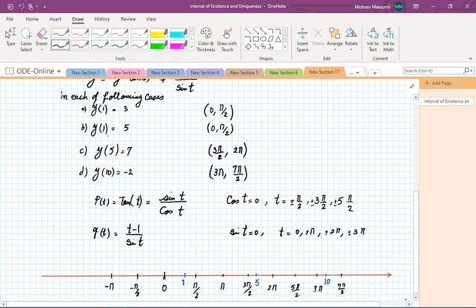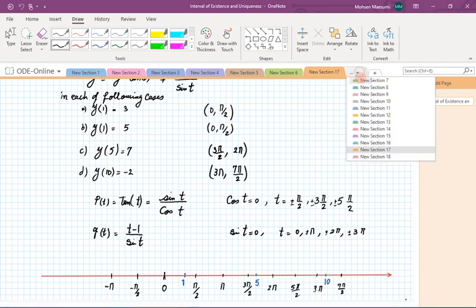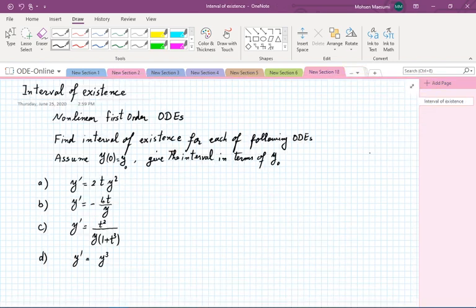If, for example, the initial time value is 1, then the interval of existence is from the discontinuity point prior to that to the discontinuity point after that. The answer did not depend on what y0 was. It just depended on which interval t0 was sitting in. And that's such a huge contrast to what happens with some nonlinear cases.